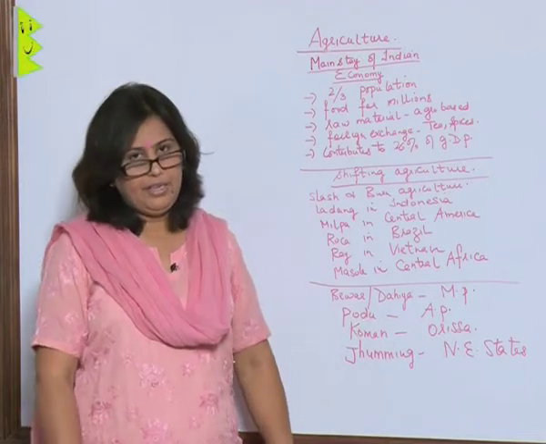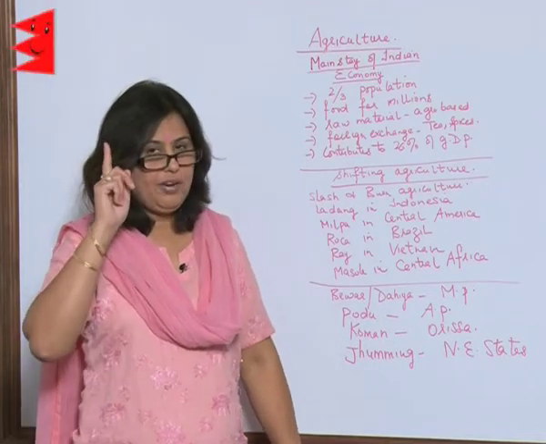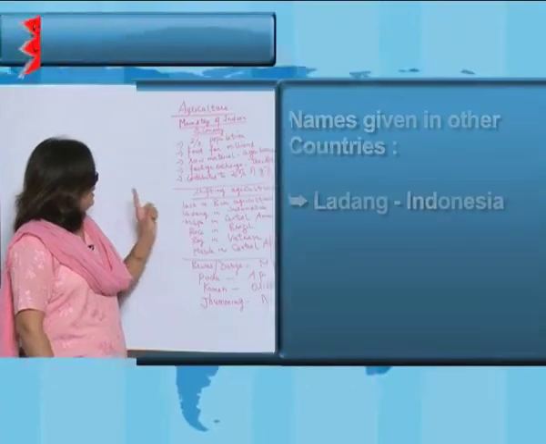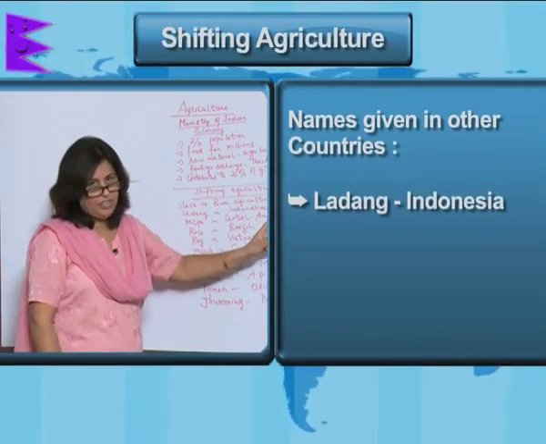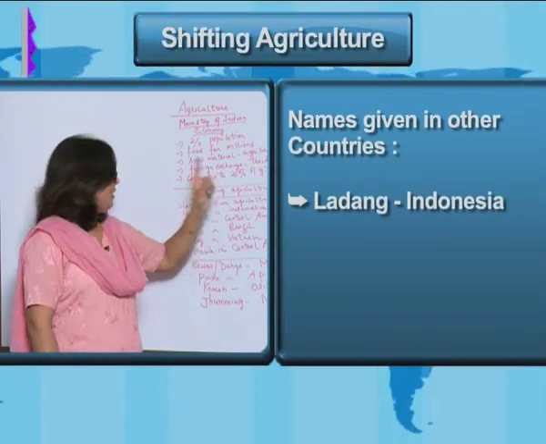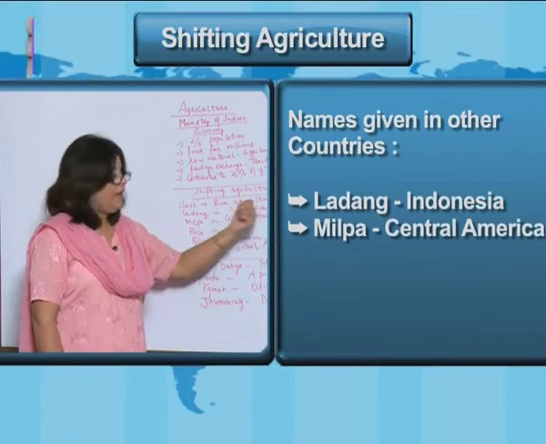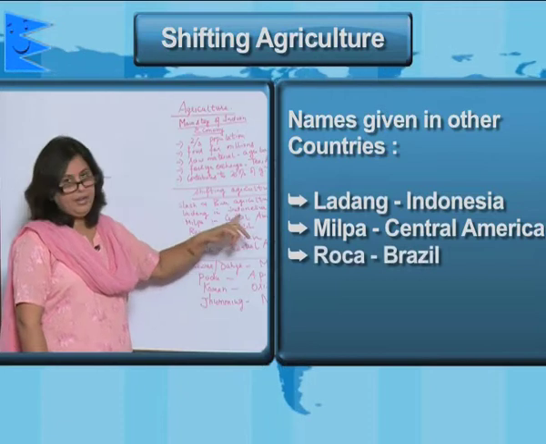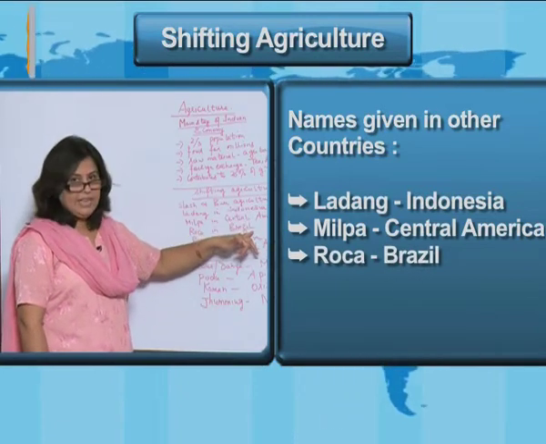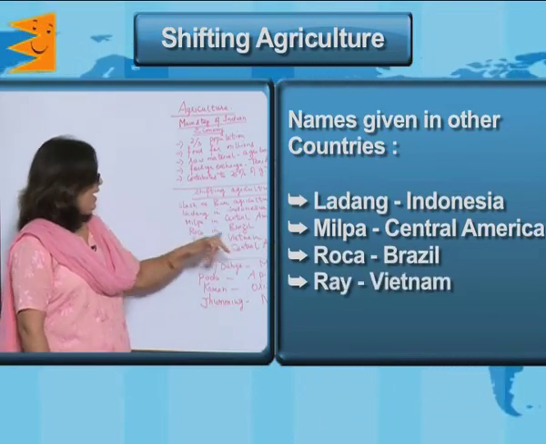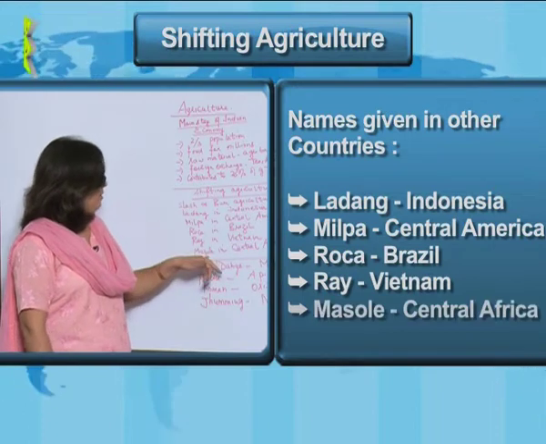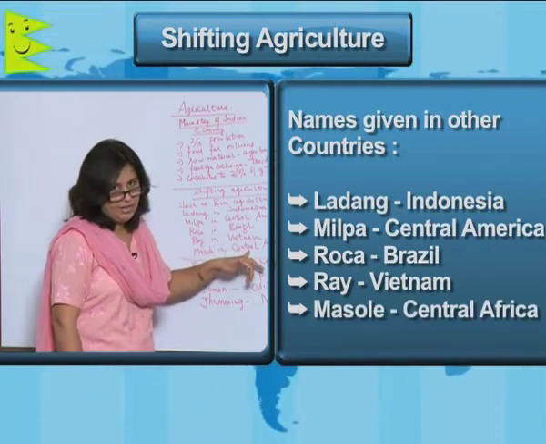First of all, remember it like this, children, quickly. It is Ladang in Indonesia, Milpa in Central America, Roca in Brazil, Ray in Vietnam, and Miso in Central Africa.